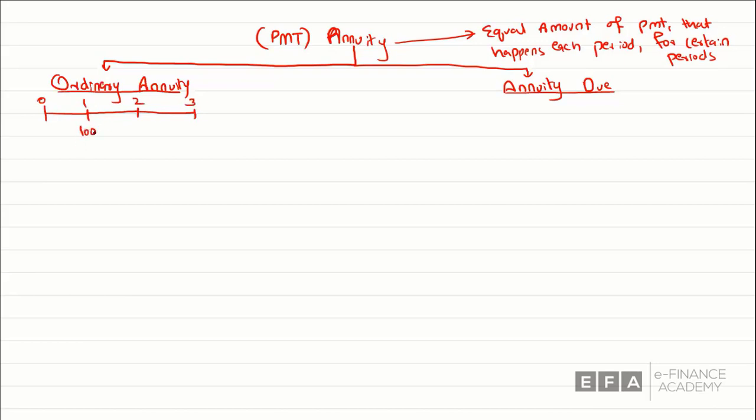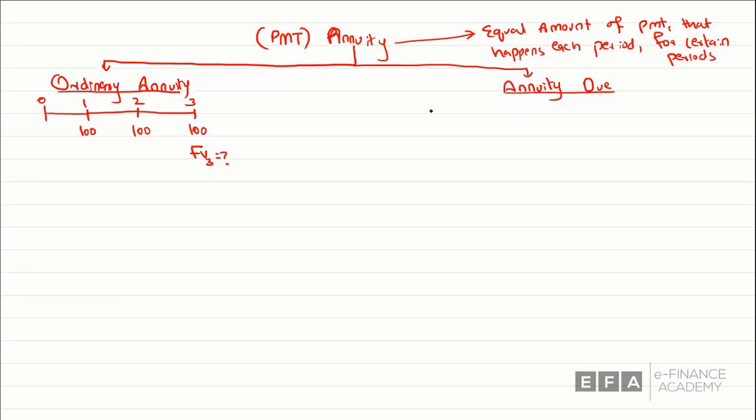You're investing $100, then $100, and then $100. But the investment is started by the end of the period. Or alternatively, you could say, I'm going to receive $100 after 1 year, and then after 2 years, and then after 3 years. And what you're looking to answer is, how much is this annuity worth by the end of 3rd year?